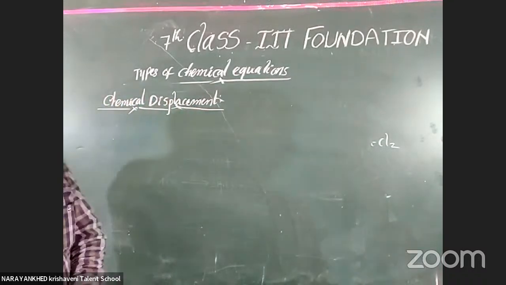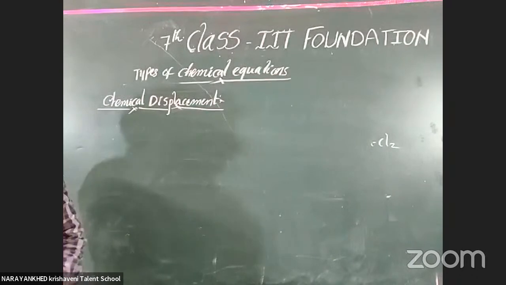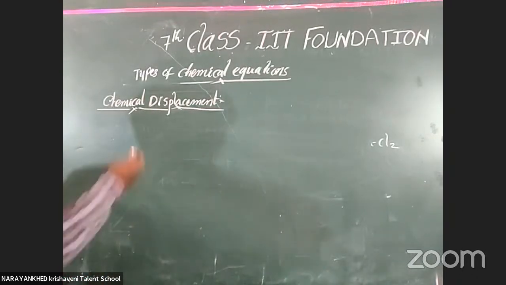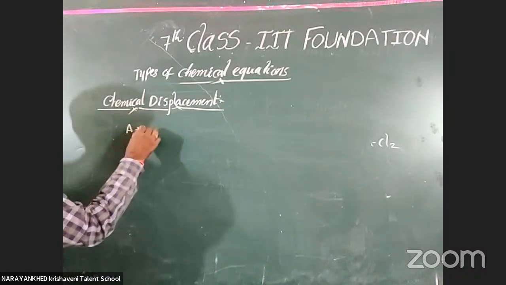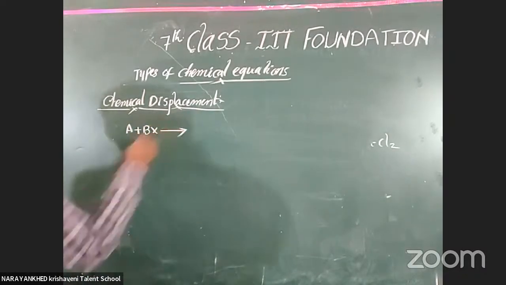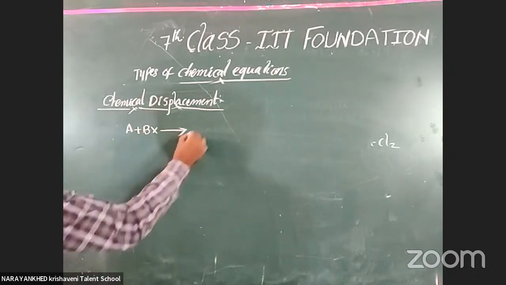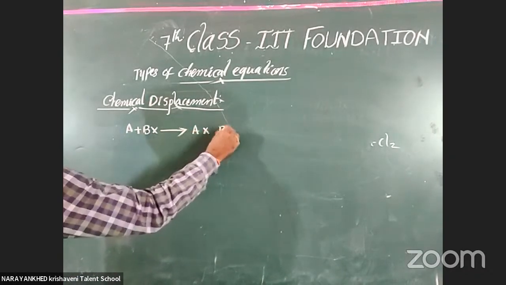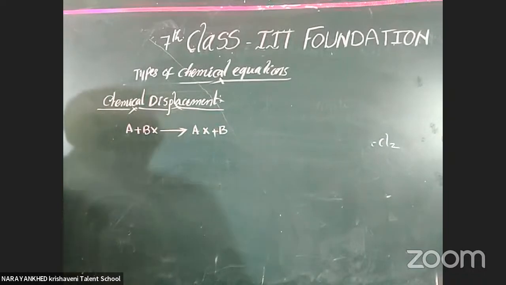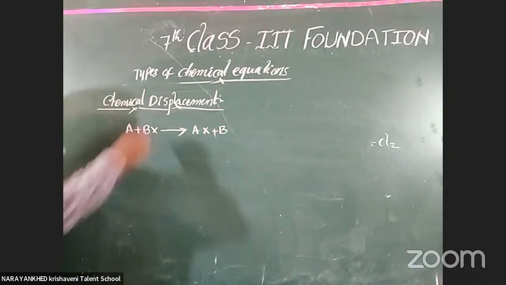Which one is called chemical displacement? Understood or not, all the students? Here we take A plus BX gives rise to AX and B. What happened here? There is a displacement.